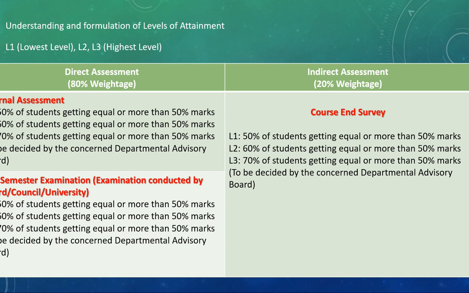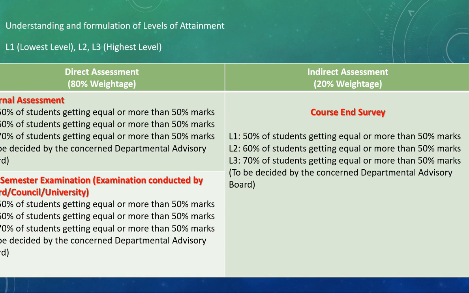For example, for internal assessment, level 1 is 50% of students getting equal to or more than 50% marks. Level 2 is 60% of students getting equal to or more than 50% marks. And level 3 is 70% of the students getting equal to or more than 50% marks.